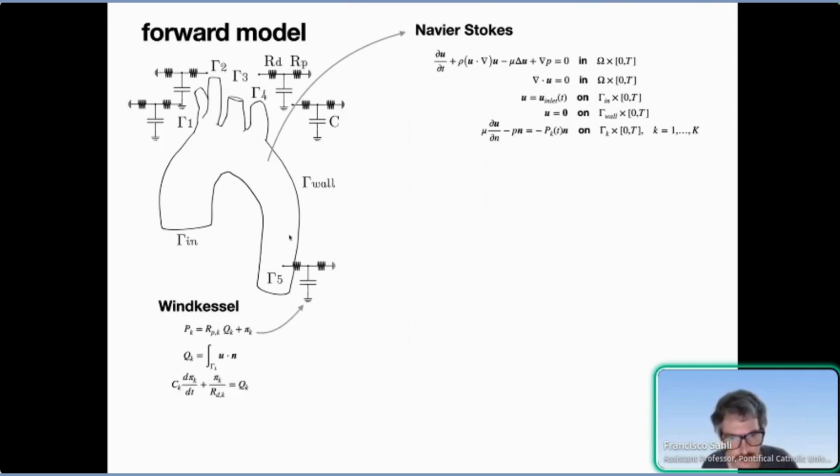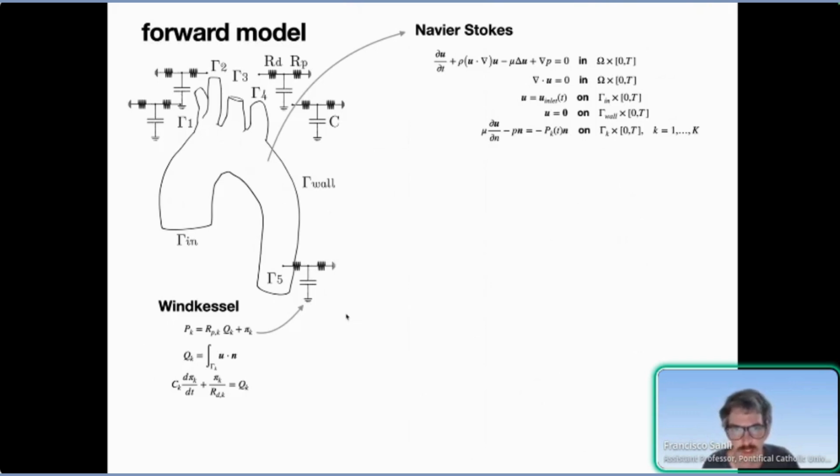And for boundary conditions, we will also have a special kind, called Windkessel, which is similar to an electrical circuit with resistors and capacitors, and it's meant to model how the downstream vessels will behave.